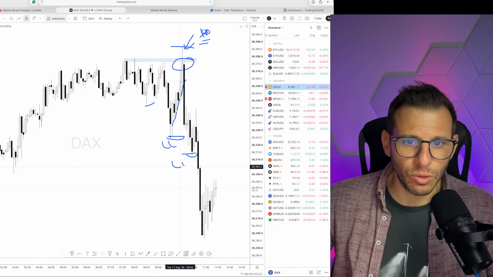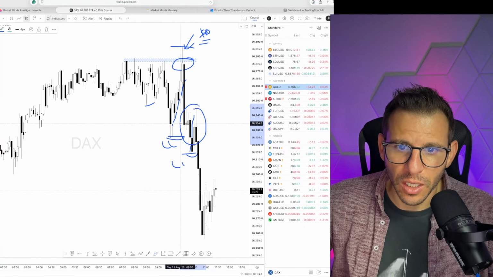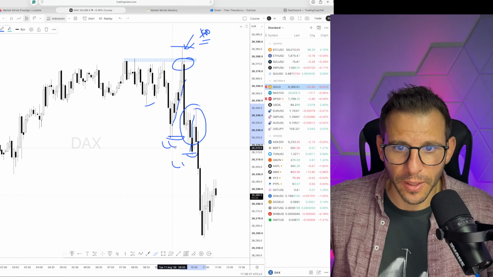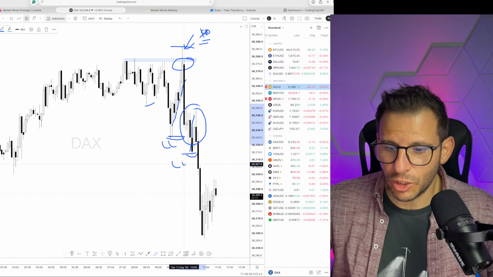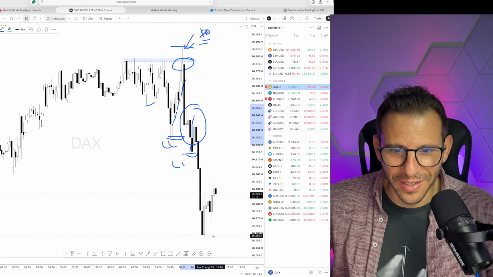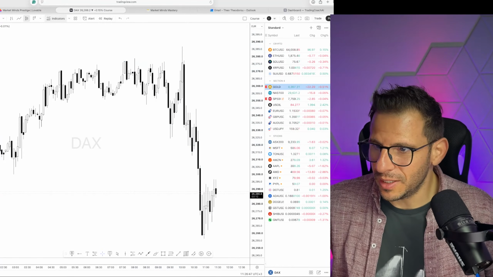Now we have a downtrend in place. So this retracement here could have been the entry. I didn't place any trades. I just opened my laptop, to be honest. So I didn't get involved on this one.